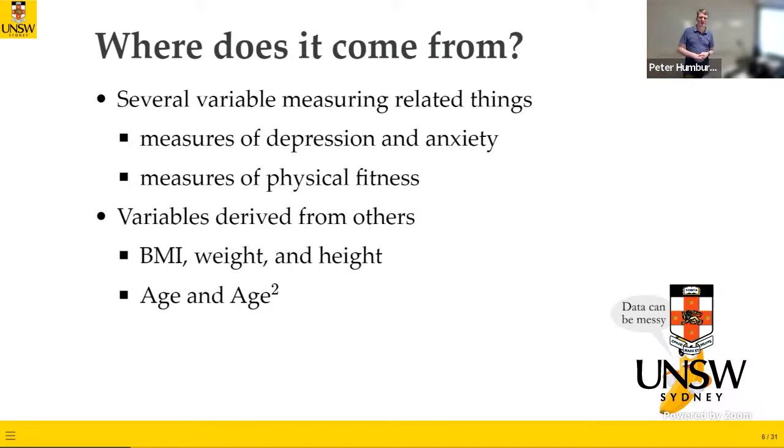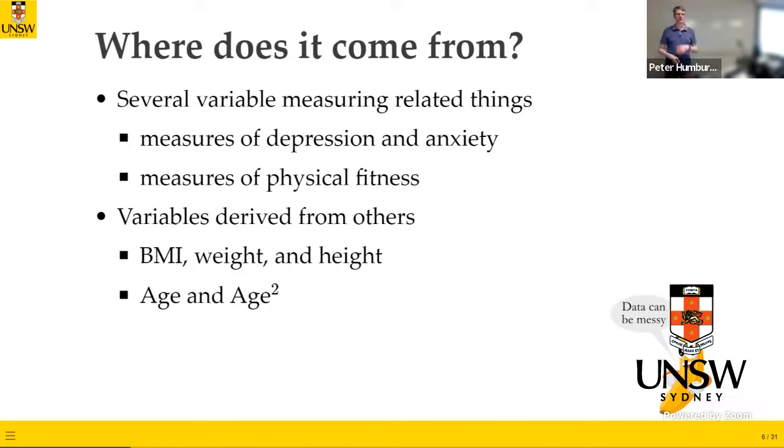Another way this might happen is if you have a variable like age, and you are worried that there might be a non-linear effect of age, right? That's a fairly common thing to worry about. And one way to deal with that is to include a squared term for age in the model as well, or you can include higher order terms.